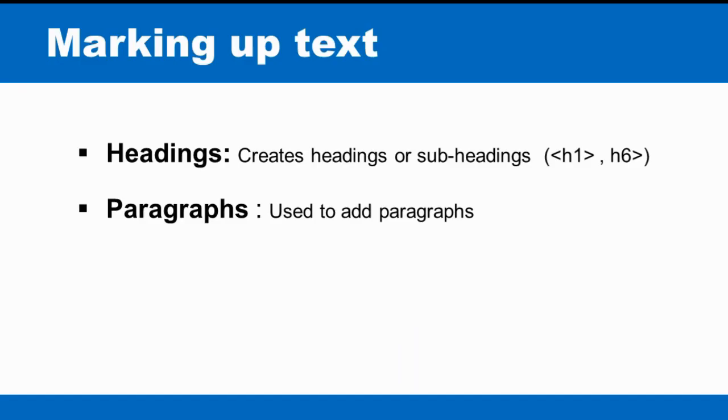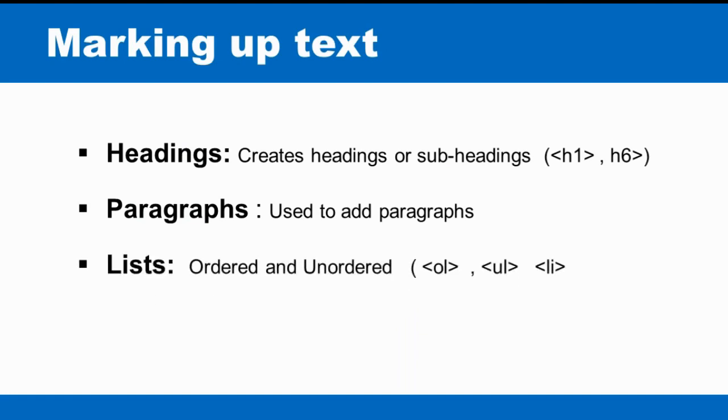Next, I want us to take a look at lists. A lot of the web content is made up of lists, and HTML has special elements for these types of lists. Marking up a list always consists of 2 elements.